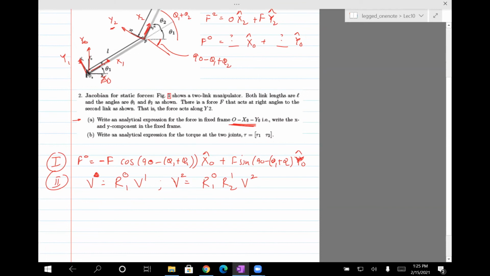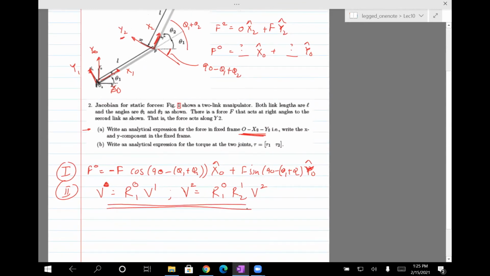So this is the formula we developed for rotation. So you can use the same thing, which is f0 is r2 0 f2, but r2 0 is r1 0 r2 1, f2.